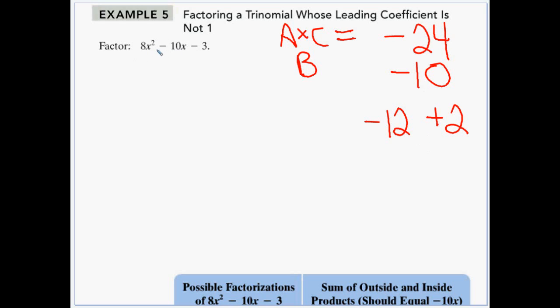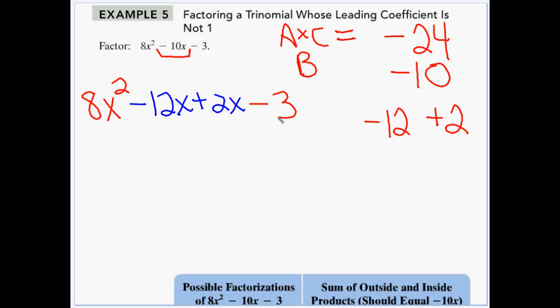So we're going to bust this term up. We still have the 8x squared, but instead of writing it as negative 10x, we'll write it as negative 12x plus 2x, because that's the same thing as negative 10x if we combined the terms. And then we finish off with the minus 3.